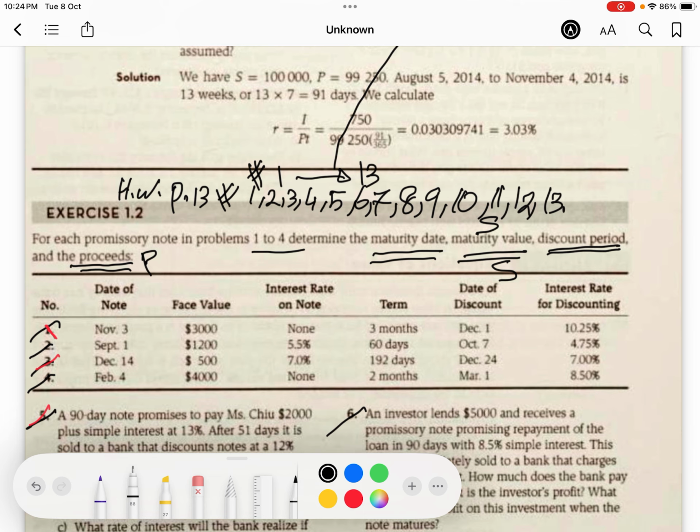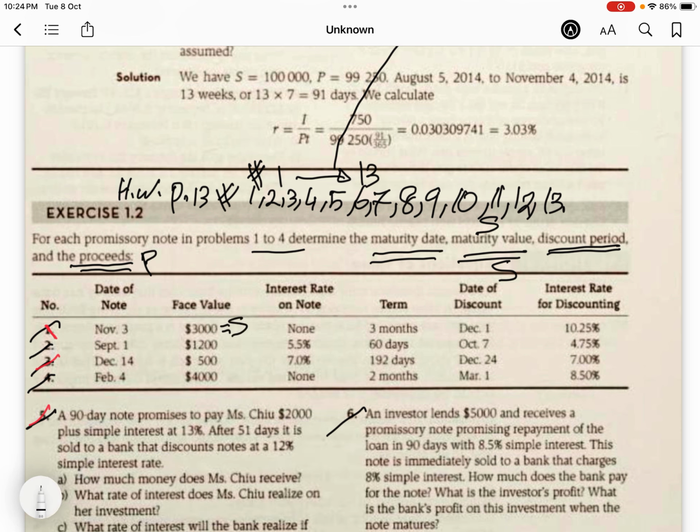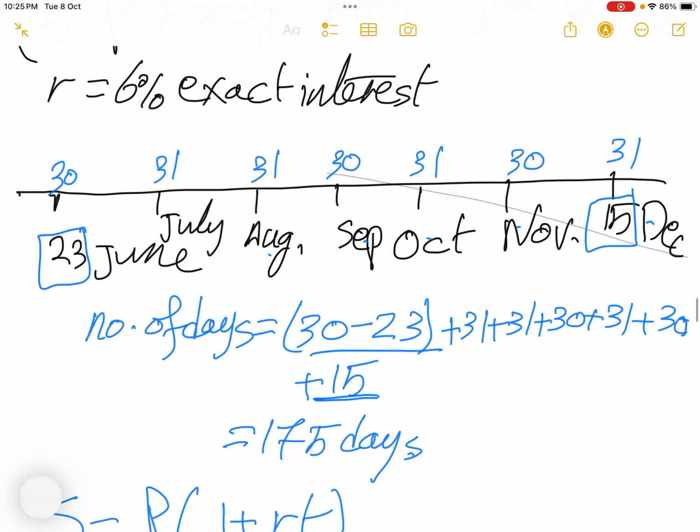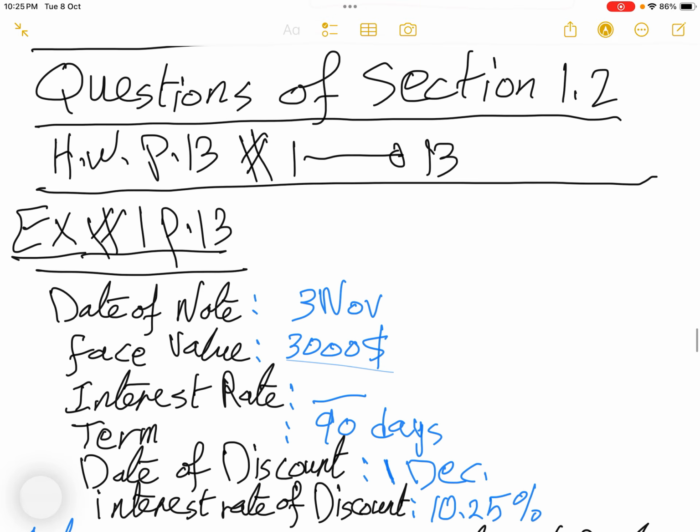Now, date of note, November 3rd, face value 3,000, interest rate of none, which means that this is S. A term of 3 months, date of discount December 1st, interest rate for discounting 10.25%. Let's move here.